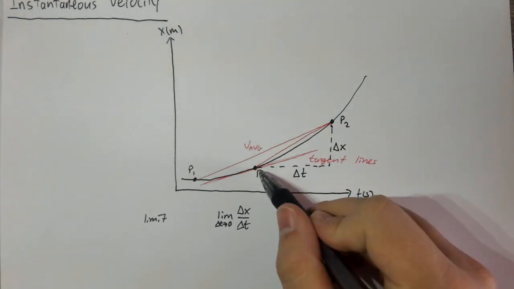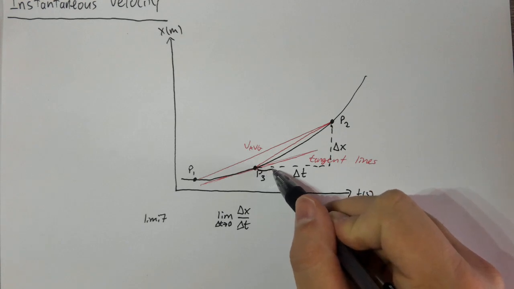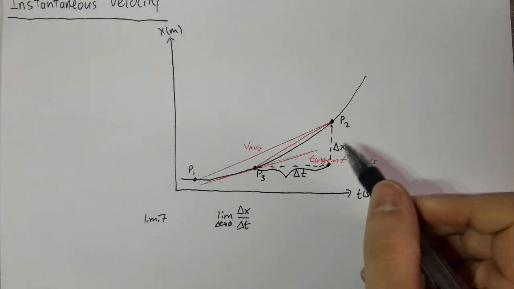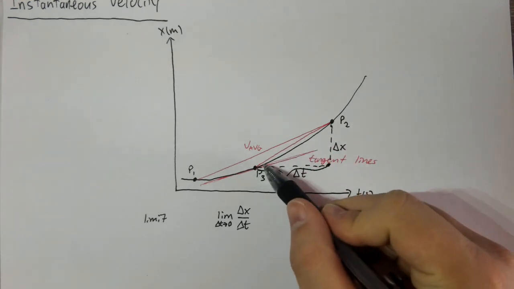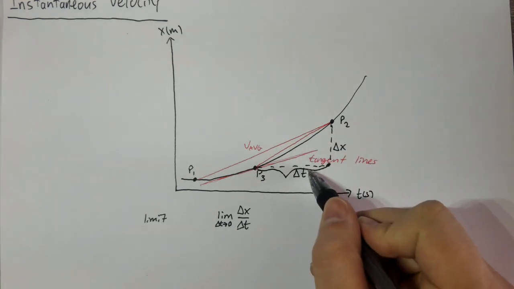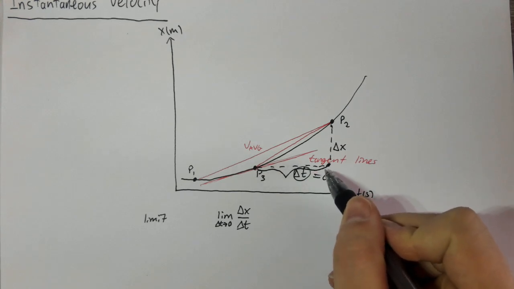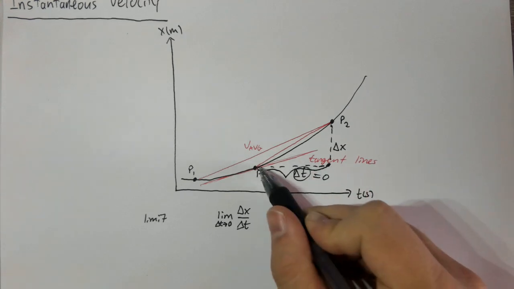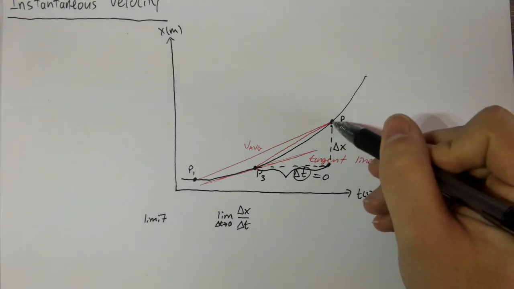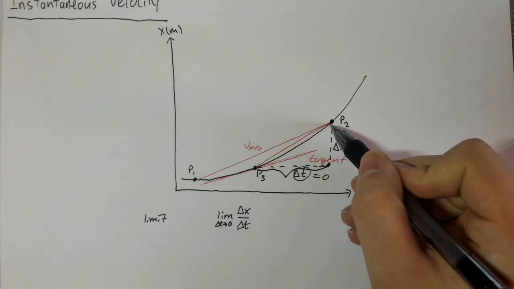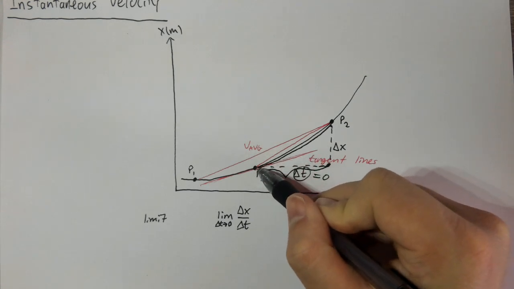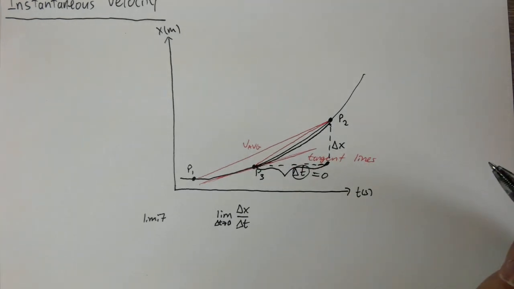So right now, delta t encompasses this range between these 2 points. And therefore, we have this slope. But if we make delta t 0, meaning that this point and this point are the same, what we're doing is dragging this point, P2, along this line and bringing it to P3.